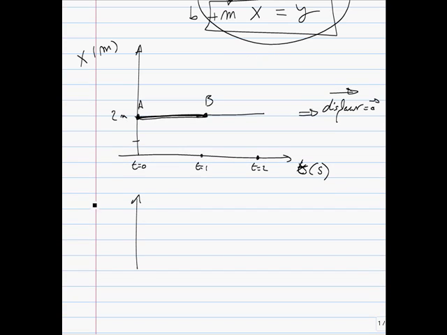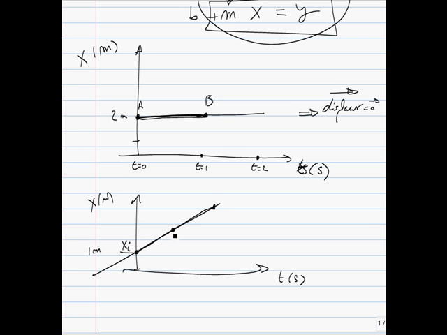If, for instance, you see something like this, you know that you have started at this particular position. Let's say 1 meter. And then you have moved to another position.